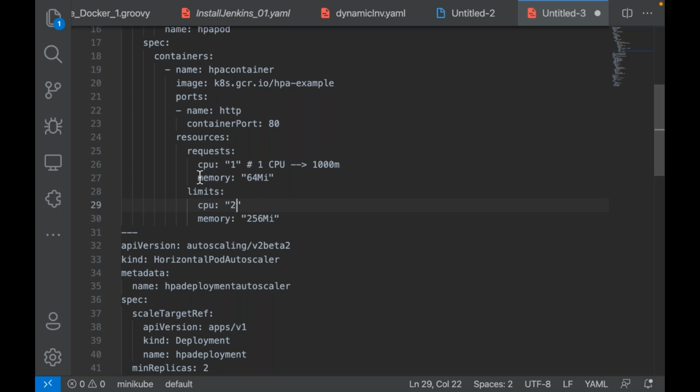First of all, will this pod be scheduled if I request one core CPU? Forget about HPA. Will your pods be created if I request one core CPU as per the resources in the cluster?